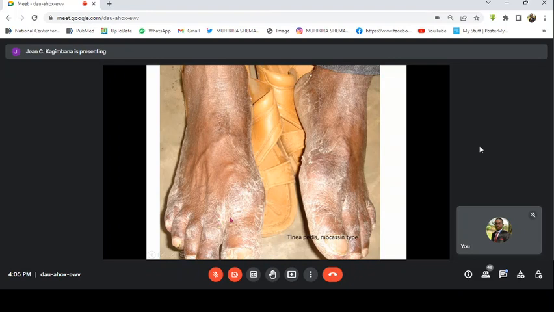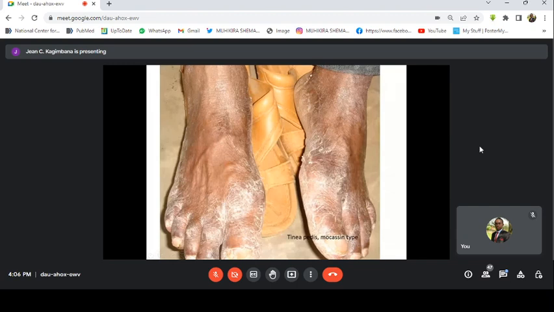It's whitish, as if he stepped in flour. When it is white like this, these are scales, isn't it? In some areas it forms a thick plaque. A thick plaque is hyperkeratotic. Look here, it's mixed: hyperkeratotic, scaling, plaque.